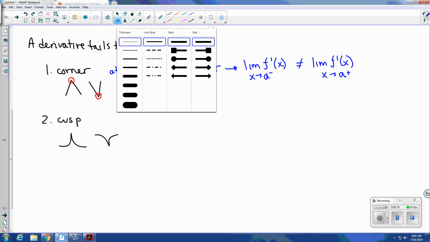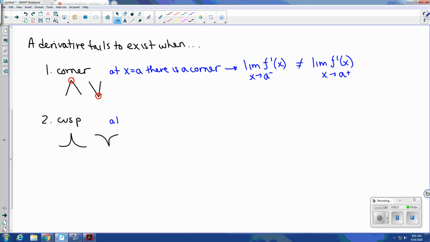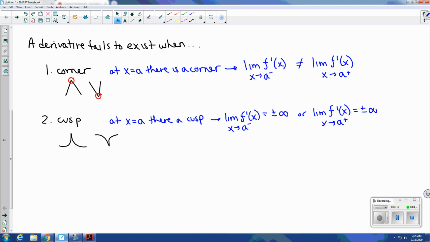And our justification, again, it's not good enough just to say, oh, there's a cusp there. You have to give a limit reason. There is a cusp. And your reasoning is, as you approach the cusp, the derivative itself, as you approach the cusp from the left, equals plus or minus infinity, or the limit as you approach the cusp from the right equals plus or minus infinity.